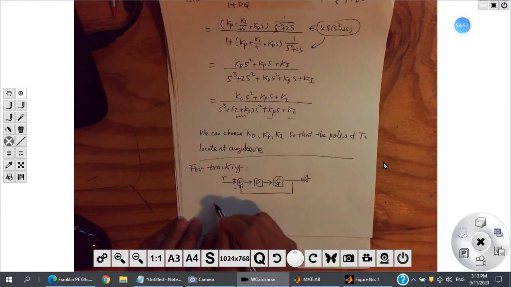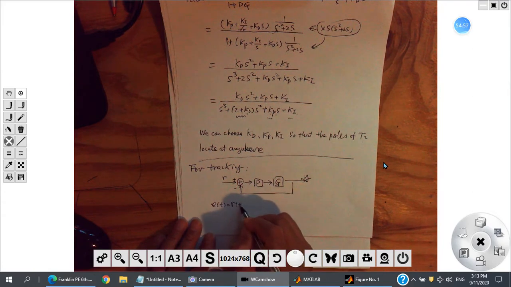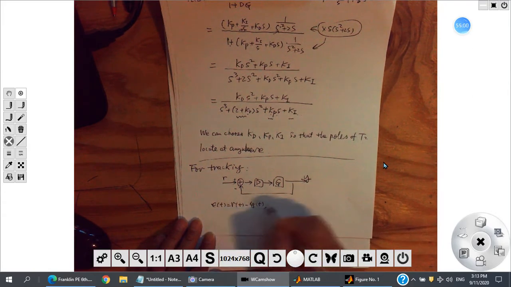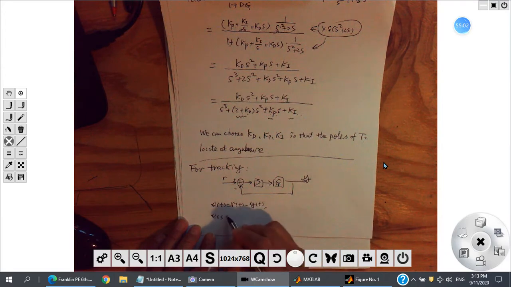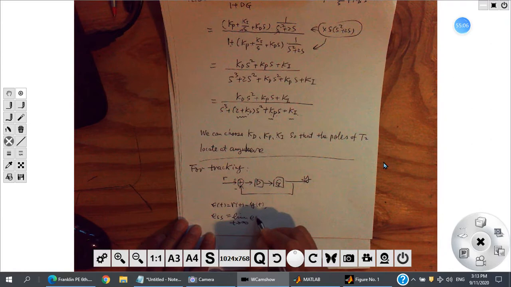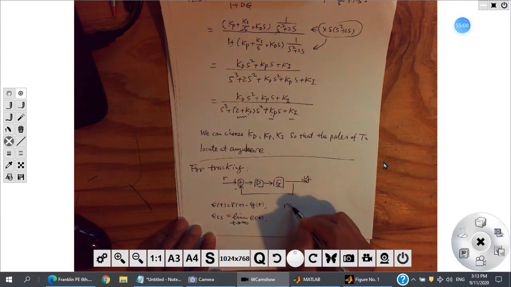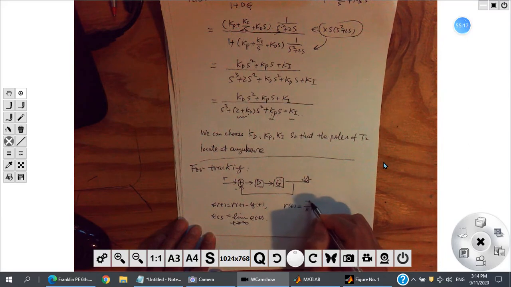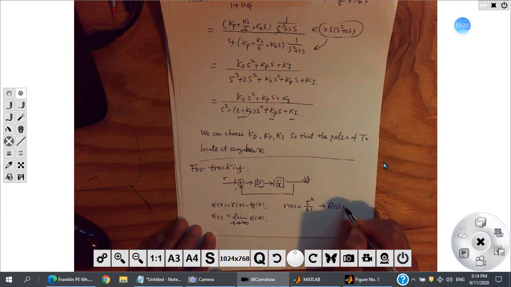We want to check e(t) equal to R minus y, and the steady-state error ESS will be the limit as t goes to infinity of e(t), where R will be something like t to the k over k factorial, and then R of s is 1 over s to the k plus 1.